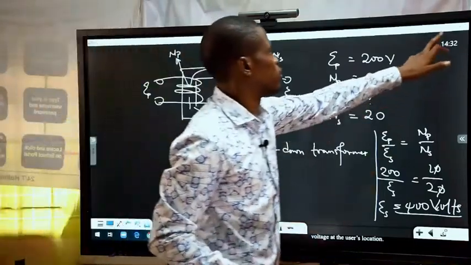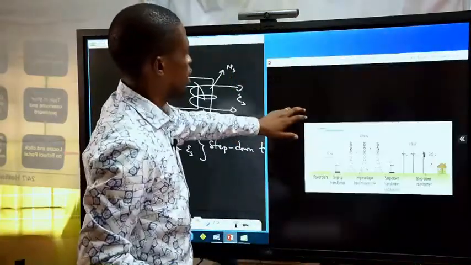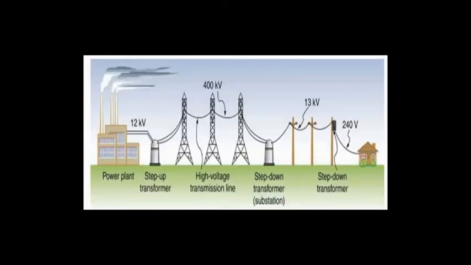Considering this, we can look at other areas of the transformer. We look at what a transformer does, from power generation to consumption at our various houses. We have a transformer at every point where it is needed. First of all, from the generation power plant, when the voltage is generated at roughly 12 kV, the voltage is stepped up to a very large value, maybe 120 kV, and it is transmitted along a transmission line.